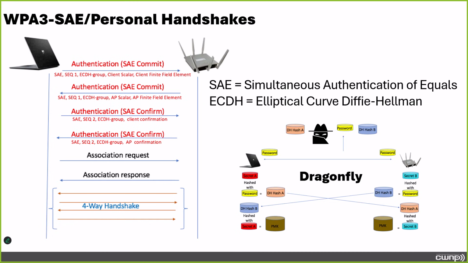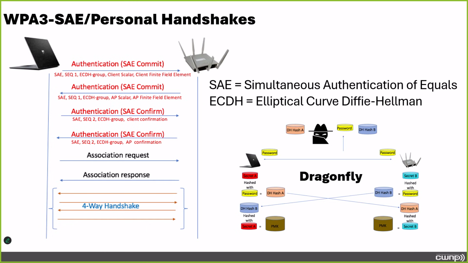So basically what WPA3 does is it adds this SAE handshake before the four-way handshake. So instead of just starting with a passphrase and using an algorithm that is known to generate the PSK from that, and then doing the four-way handshake, we instead use the passphrase through this SAE handshake that's based on elliptic curve cryptography and so forth to generate the PSK or the PMK to start into the four-way handshake.